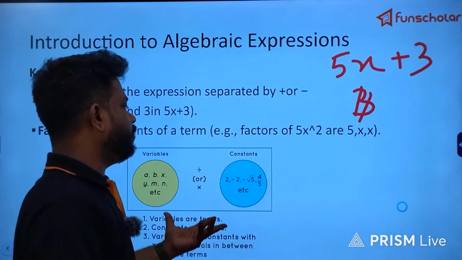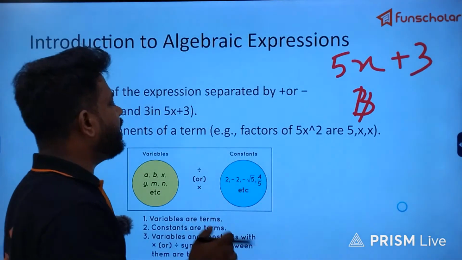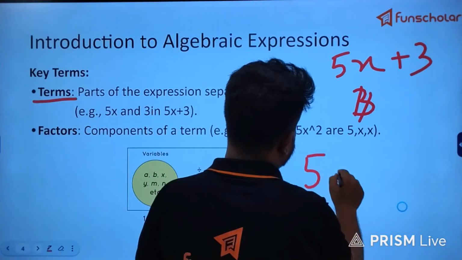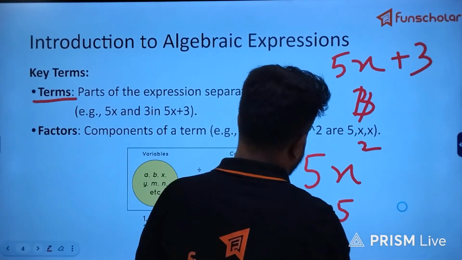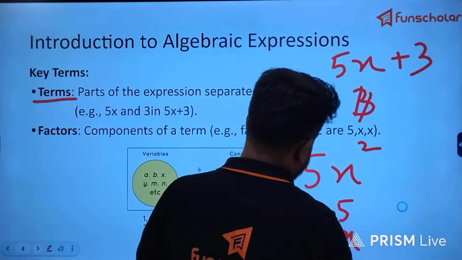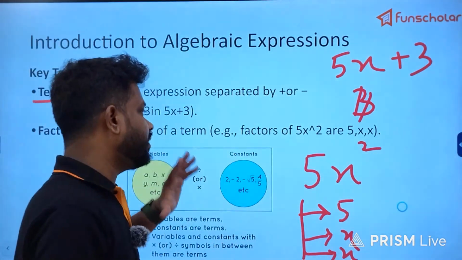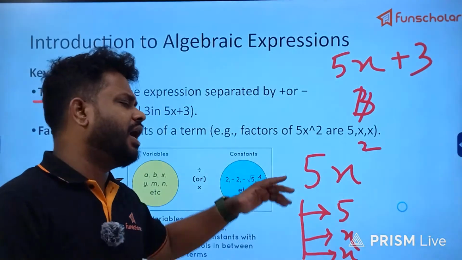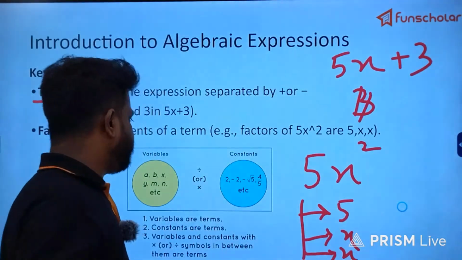Components of a term will be called the factors. Like in 5x square, if I break it down, we will separate 5, x and again x. These will be called the factors of this term, and we will be discussing it later in depth.